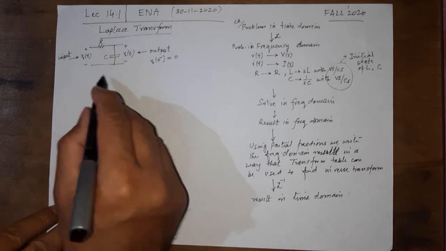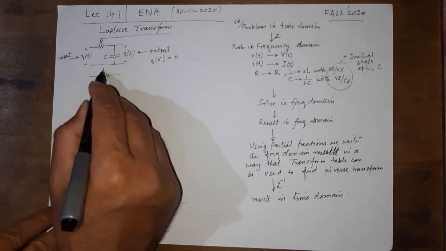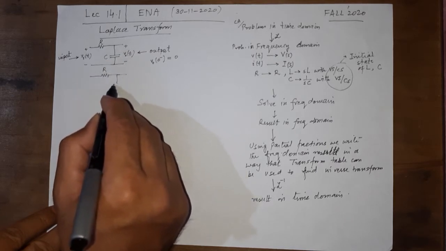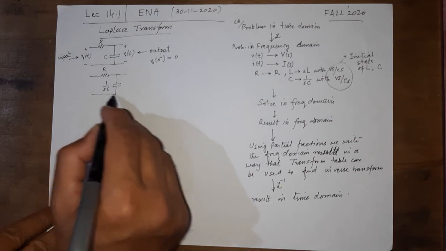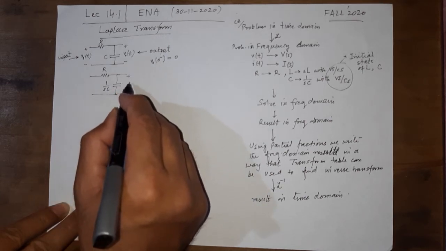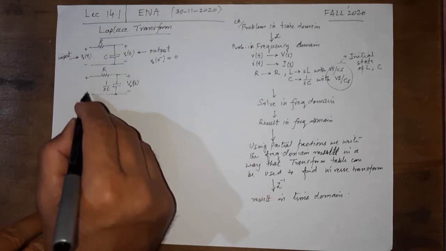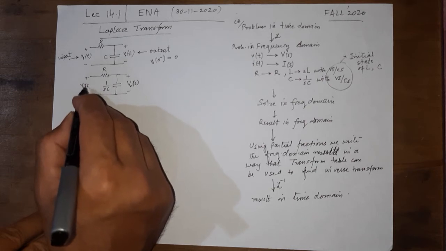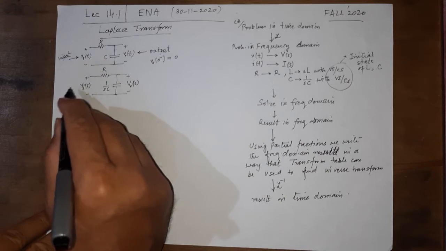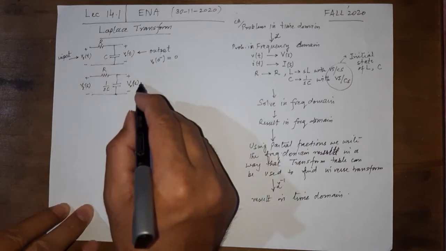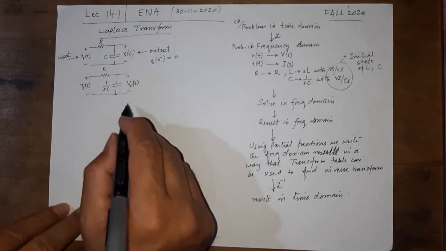In this case, if we convert this whole problem in the first step to the frequency domain, we get an R here, we get an impedance 1 over SC here, and this vo(t) converts to Vo(s), and this vi(t) converts to Vi(s), capital V now. So this is the Laplace transform of the input, this is the Laplace transform of the output, and this is the equivalent circuit representation in the frequency domain.